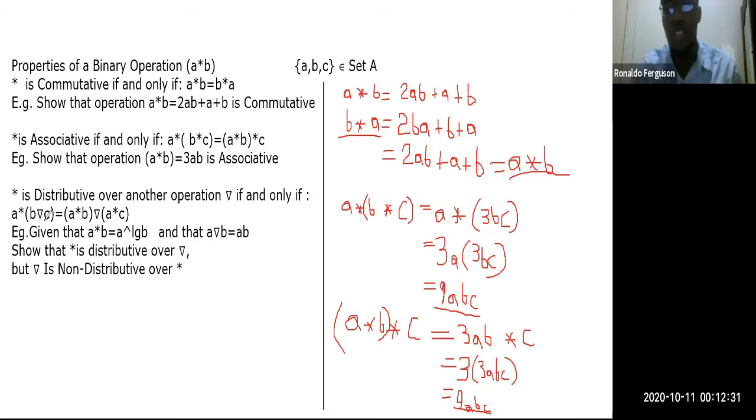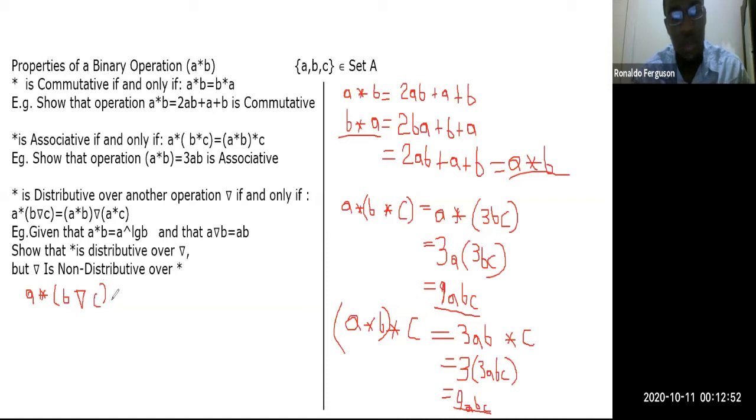So let's check out this example. So we need to show that A star B delta C is equal to A star B delta A star C.